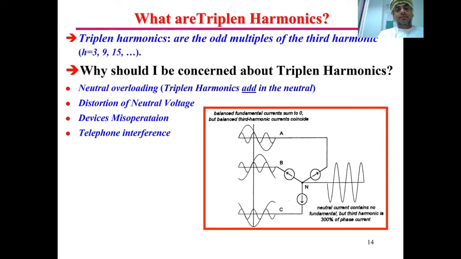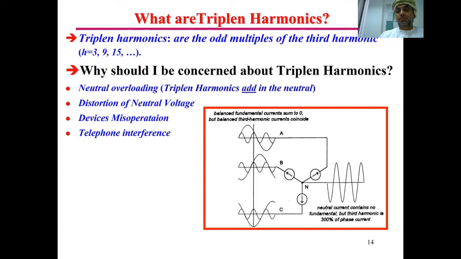Again, this is the definition of the triple harmonics, so they are odd multiples of the third harmonic. What is the problem of the triplen harmonics? Suppose that over here we have a three-phase load that takes energy from the source, and the current waveform taken by the load contains the third harmonic.